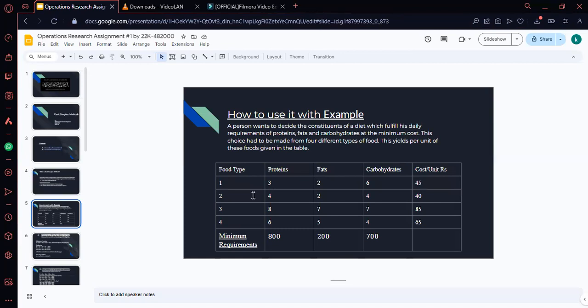So there are four different types of foods, each containing different amounts of protein, fats, and carbohydrates, and cost per unit in rupees, and their minimum requirements are also given.